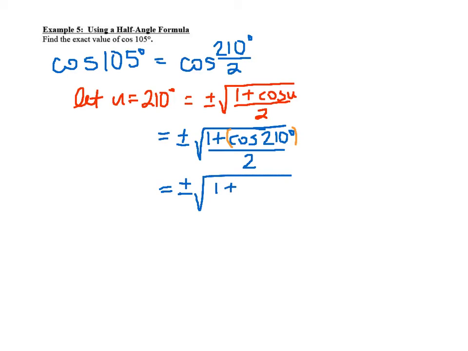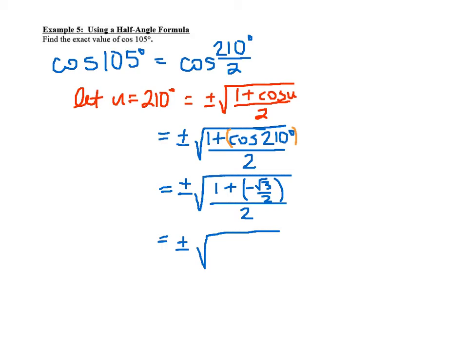Think about the sine of 210: 210 is 30 degrees past 180, so the sine of that 30 is 1/2, which means the cosine would be radical 3 over 2. And since you're in quadrant 3, it'll be a negative radical 3 over 2, all over 2.